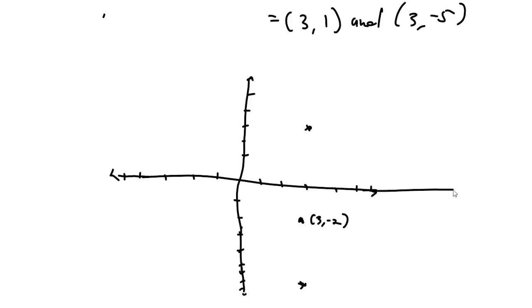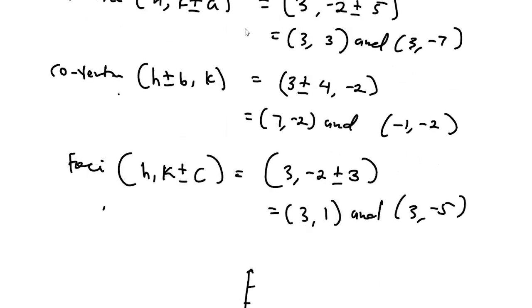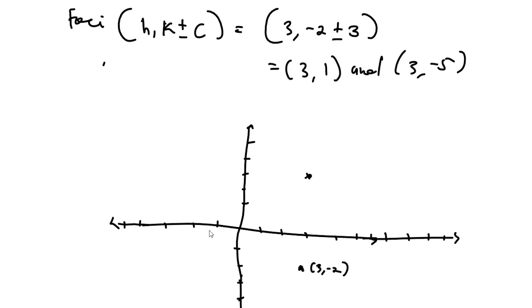Let's extend this. Okay, now we have the co-vertex being (7, -2) and (-1, -2). So 1, 2, 3, 4, 5, 6, 7, (7, -2) to be here.